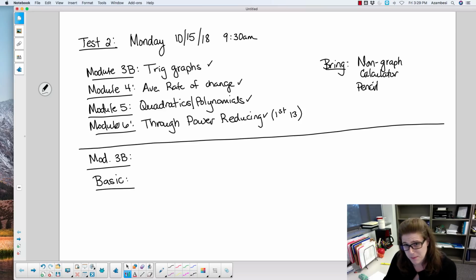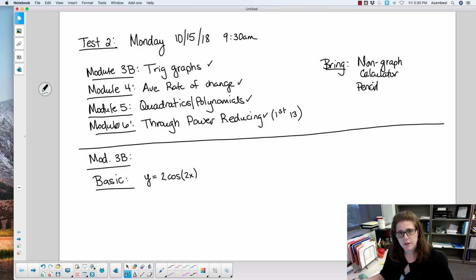And by basic, I mean something like y is equal to 2 cosine of maybe 2x. So something where maybe the period is altered, maybe the amplitude is altered, but not everything all at once.